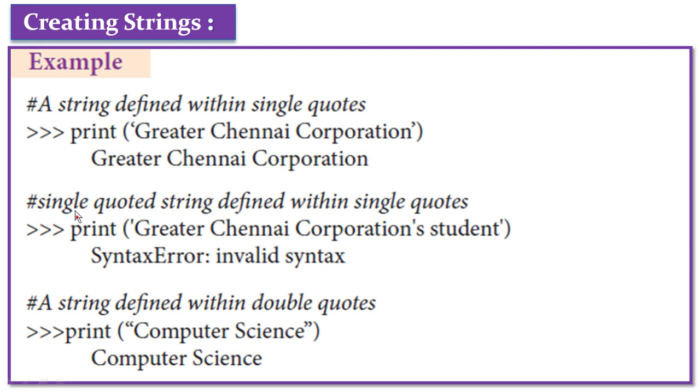And the second one, a single quoted string defined with single quotes. A single quoted string is defined with single quote. It leads to a syntax error, that is invalid syntax. Third one, a string defined within double quotes. A string computer science is defined within a double quote, which gets the result computer science.